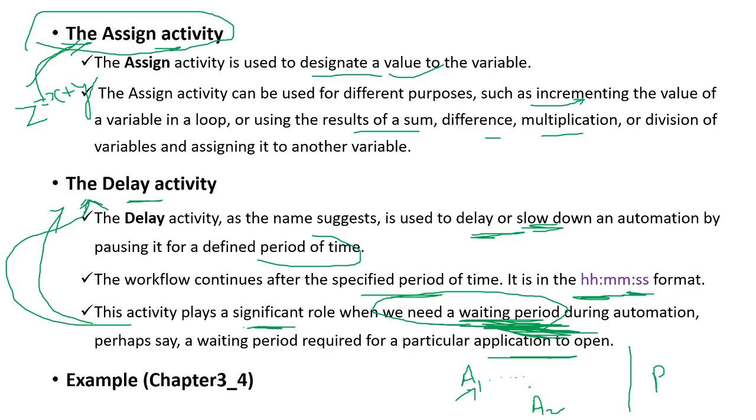But let us say due to a hardware or software feature, A2 will not start immediately, but will take, let us say, 10 seconds to start. So if there is no delay component here, you could not automate this process P at all.